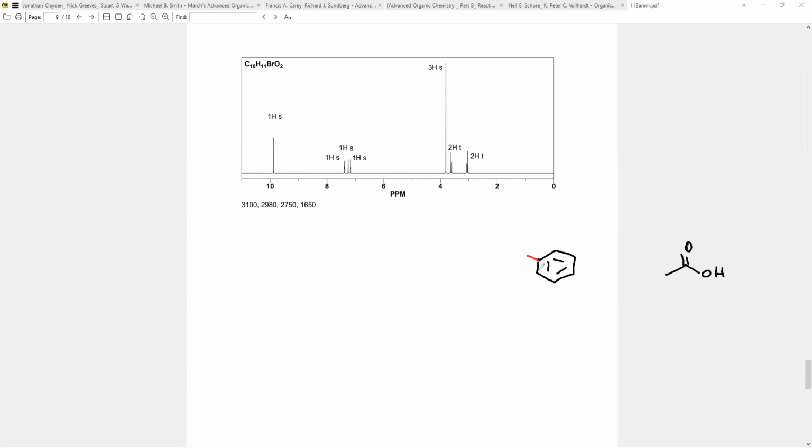But I can't just say it's a pattern where I put 3 hydrogens next to each other, because this is not the only possible arrangement of three hydrogens. I can have a couple of arrangements.